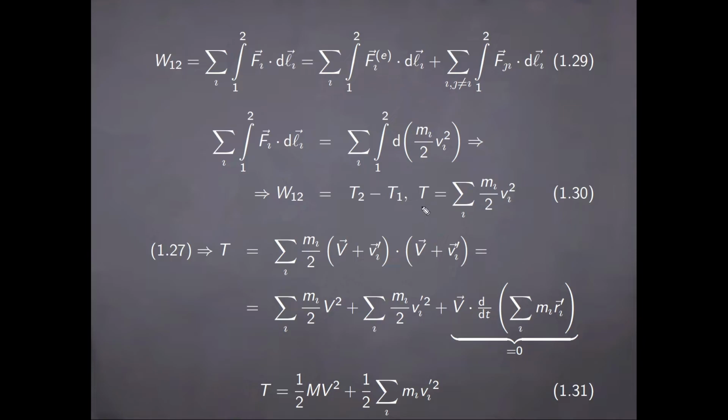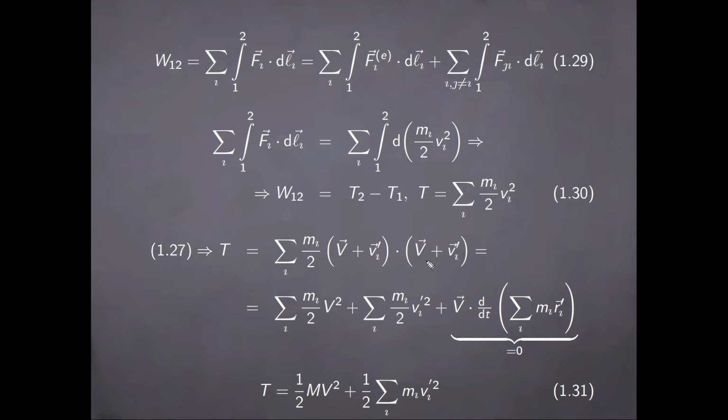And the total kinetic energy is at any point along the path defined as the sum of the individual kinetic energies of all particles. Now, we can write the kinetic energy in terms of velocities relative to the center of mass by using the expression in equation 127.